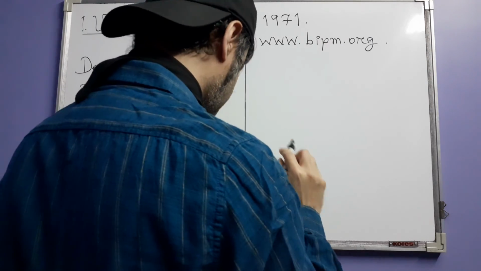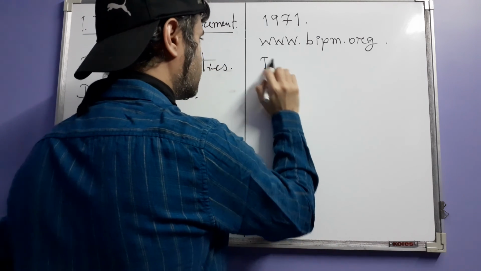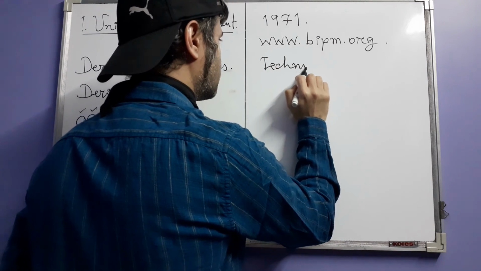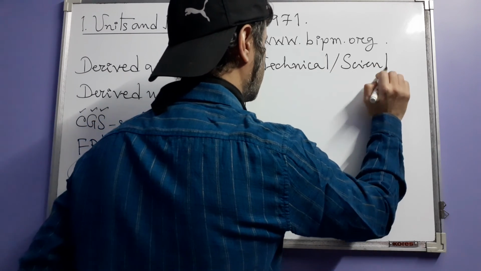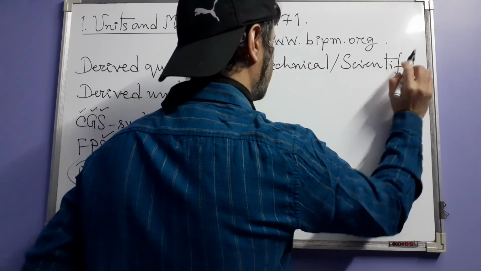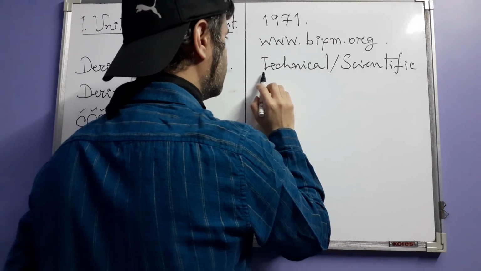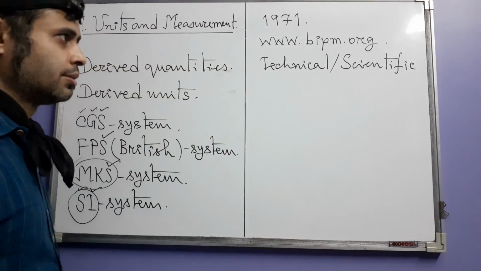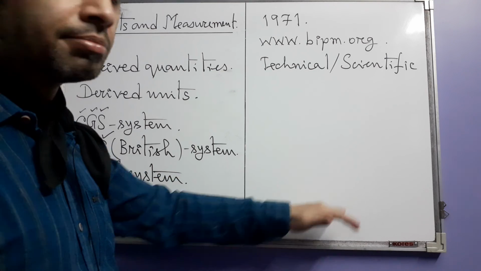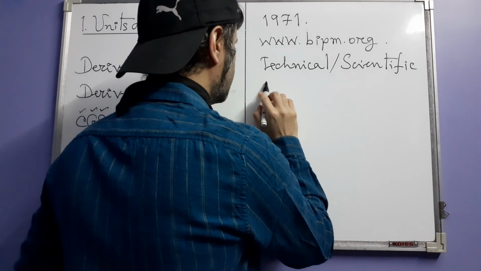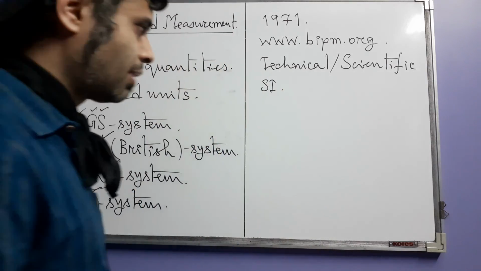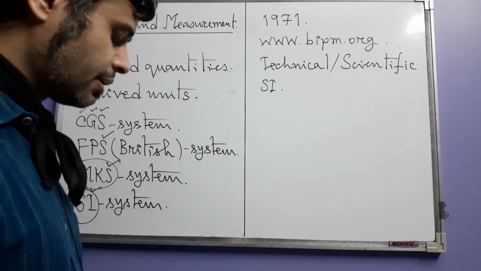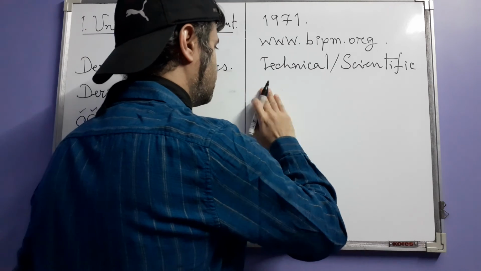One place is technical / scientific. You click on that, a drop down menu will come. There you will see this SI. The first item itself is SI.